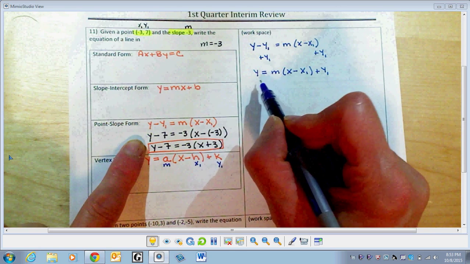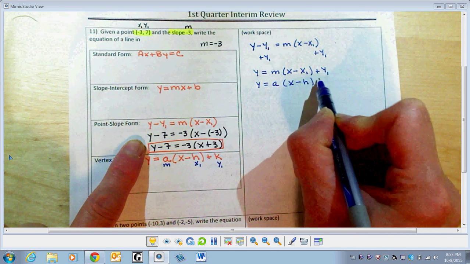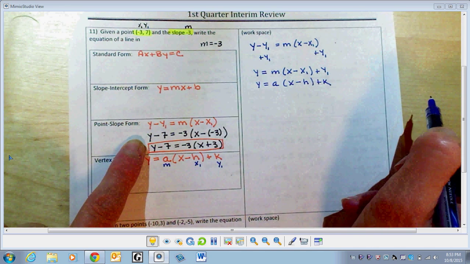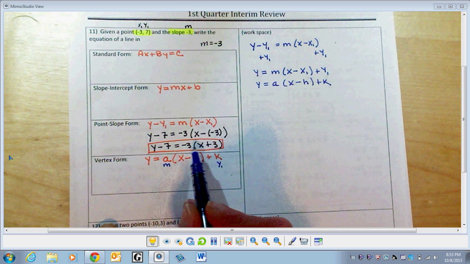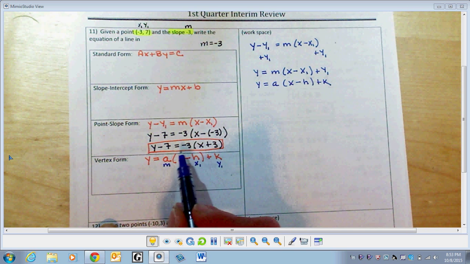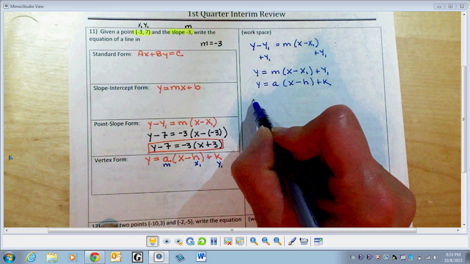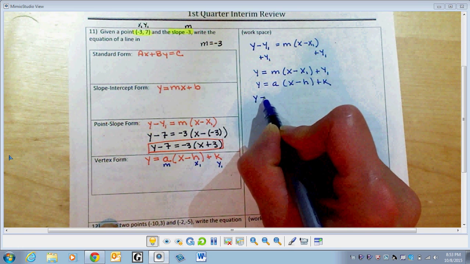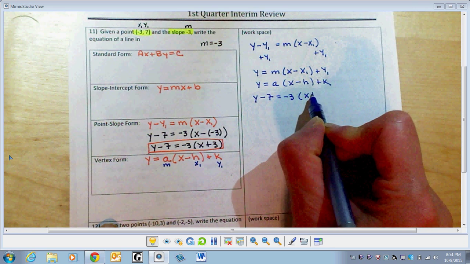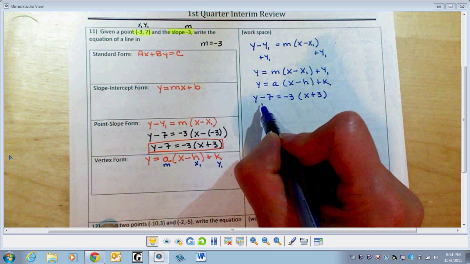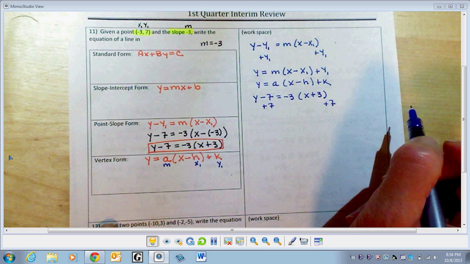Well, isn't that similar to y is equal to a times x minus h plus k? It is, isn't it? So all I have to do with this equation is get that -7 over to the other side. So if I have y minus 7 is equal to -3 times the quantity x plus 3, I just have to add 7 to both sides of my equation.